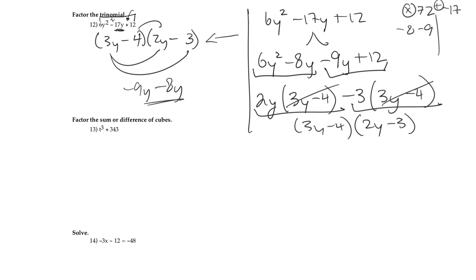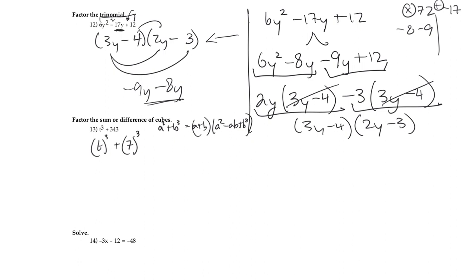Okay, next question, factor a sum of cubes. First thing you need to do is to know what a and b are, because I know my formula is a cubed plus b cubed. The formula would be a plus b, and then a squared minus ab plus b squared. That's my formula. So I need to know what a and b are. For the first one, it's fairly easy. It'll just be t. And for the next one, if you cube 7, you get 343.